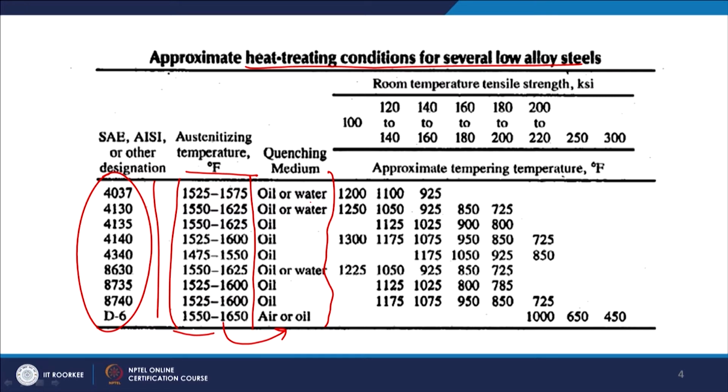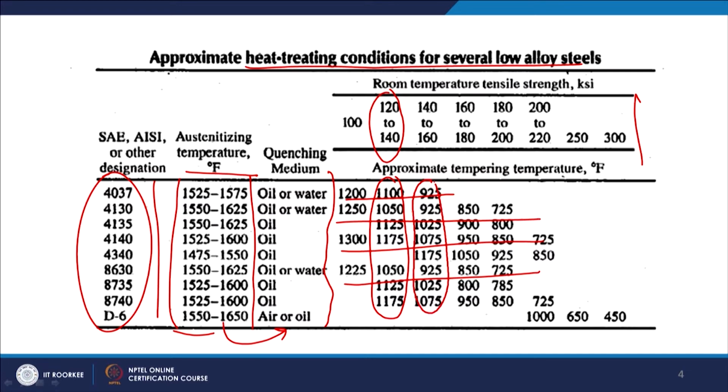So, for the different steels there are different tempering temperatures and their effect on the tensile strength we can see here. What we can notice in general is that when we are using higher tempering temperatures, the strength is lower, like 120 to 140 KSI, and when lower tempering temperatures are used, strength is going higher and higher.